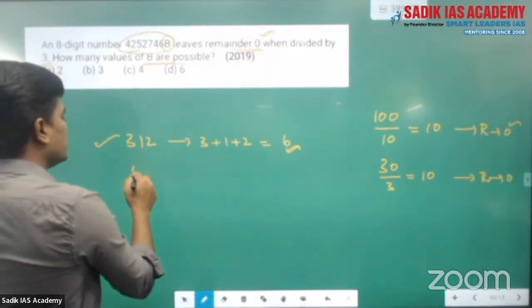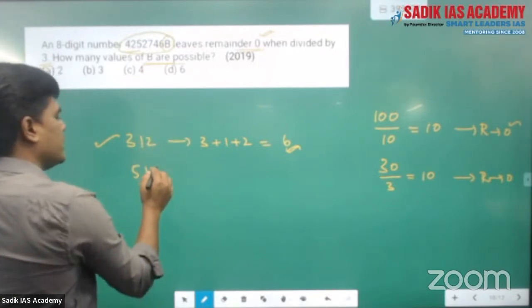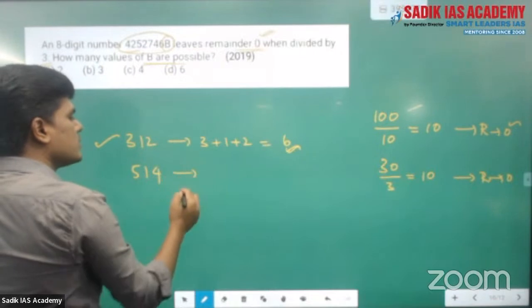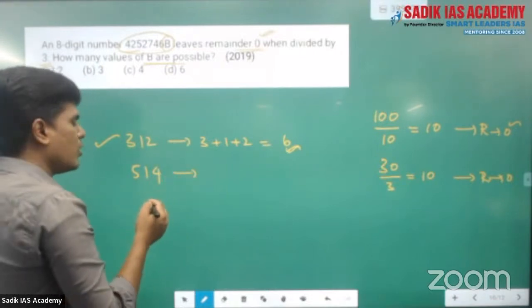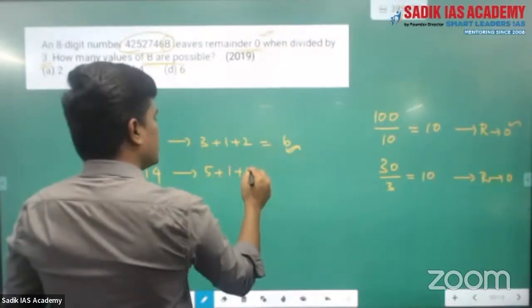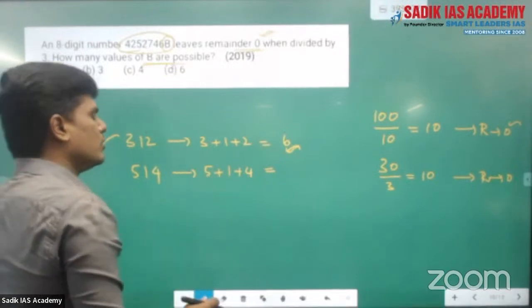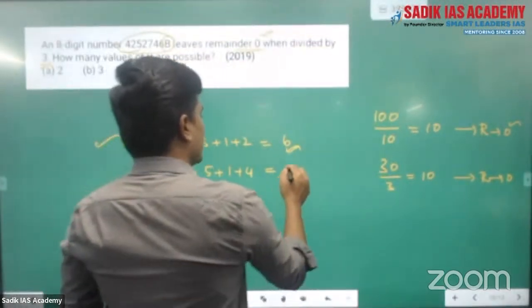For example, if I take 513 or 514, whether this number is divisible by 3 or not, I have to check. How do I check it? I add the digits of this number: 5 plus 1 plus 4. It is 10.